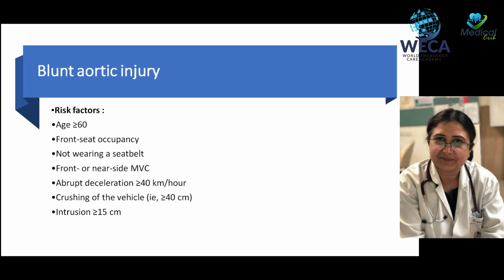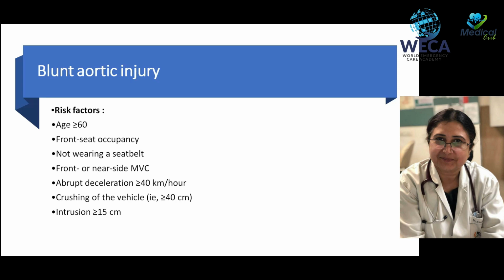The risk factors for this disease: a patient with trauma, with such symptoms, age more than 60, a front seat occupant not wearing a seat belt, front or rear side motor vehicle crash, abrupt deceleration of more than or equal to 40 km per hour, crushing of the vehicle more than 40 centimeters, intrusion more than 15 centimeters.